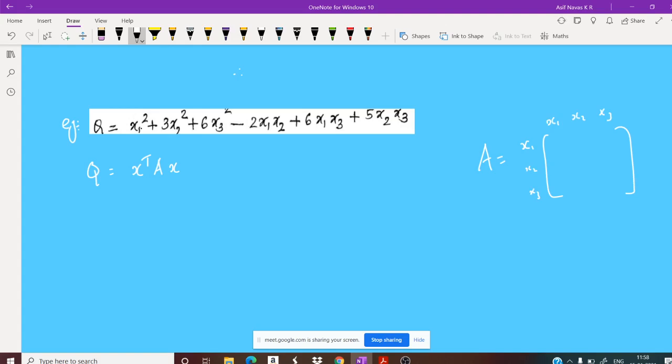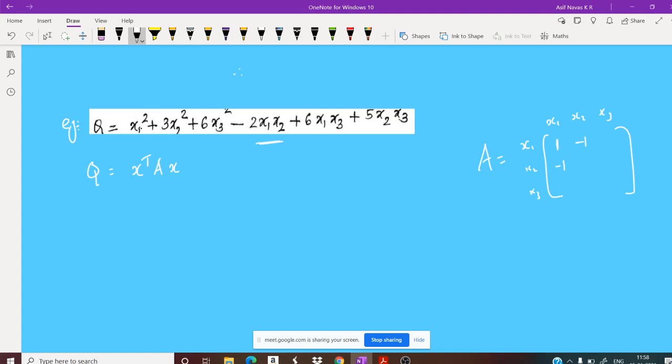The first entry a11 is for x1 square, so the coefficient is 1. Now this coefficient is x1 into x2, which is minus 2, and here there is x2 x1. So minus 2 we can write as minus 1 here plus minus 1 here, right?